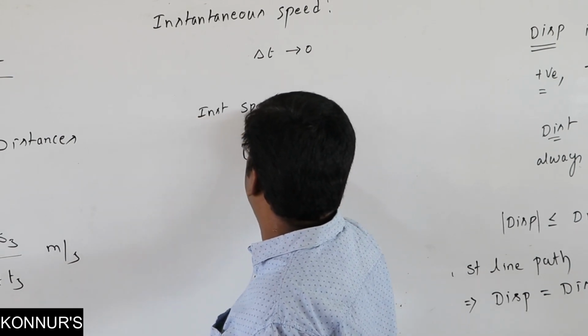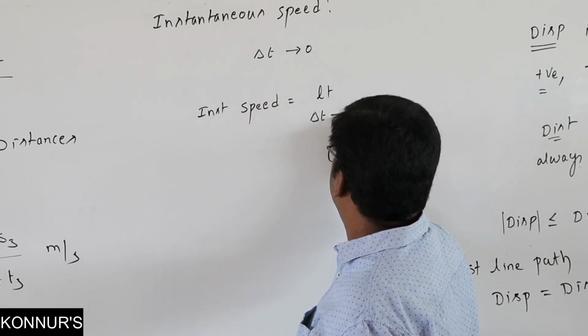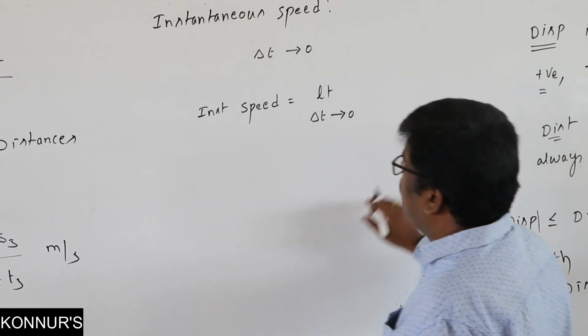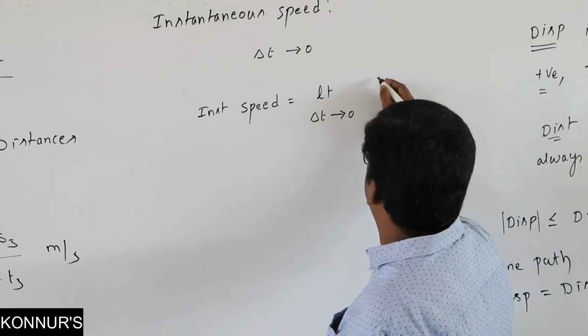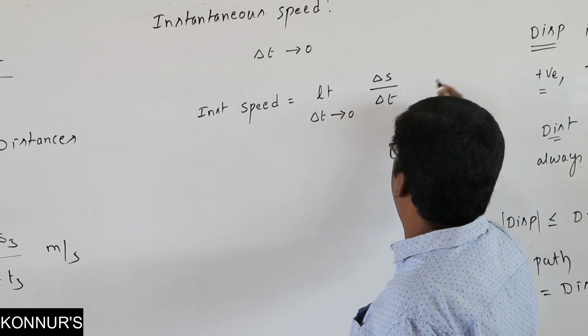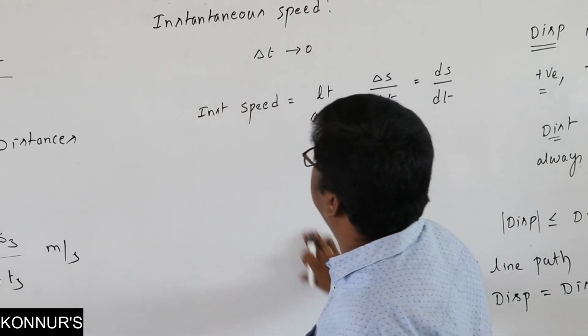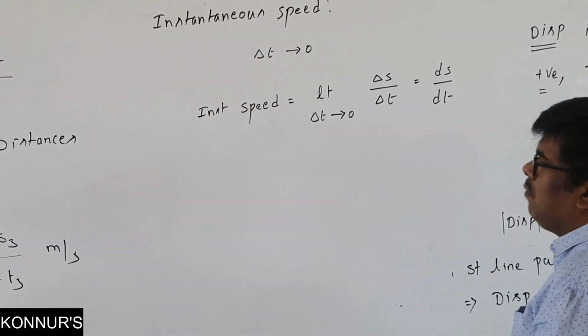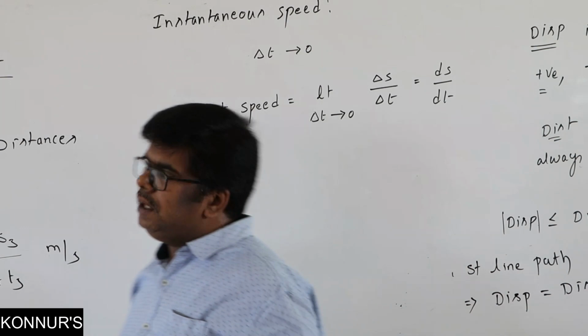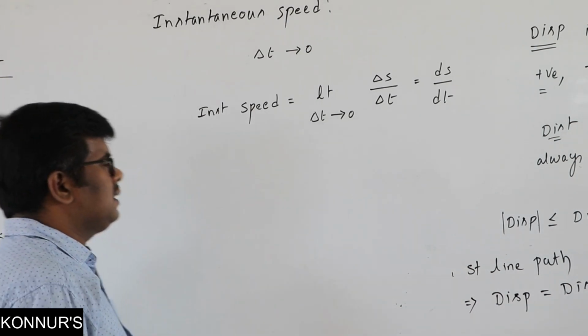You can write instantaneous speed as the limit as delta t tends to 0, where the distance covered is delta s in the time interval delta t, which gives ds by dt. This we take as the instantaneous speed. And average speed in a few cases, how it works, we will discuss.